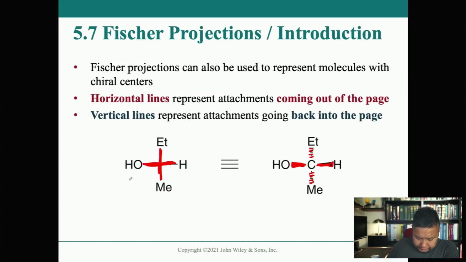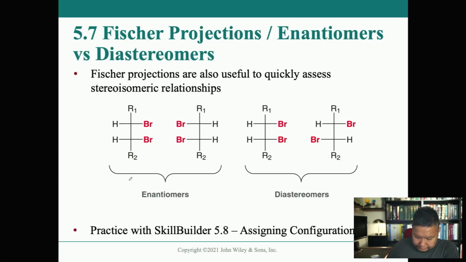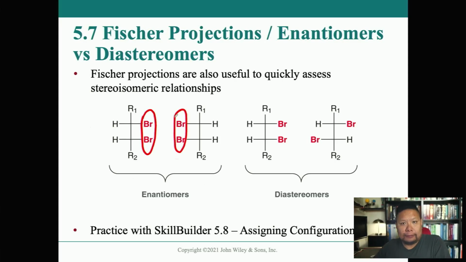Oops, I went backwards. There we go. So, using a Fischer projection, you can quickly assess the stereoisomeric relationships, right? Because enantiomers are going to have the bromine substituents on the same side, but mirror images of each other, right?